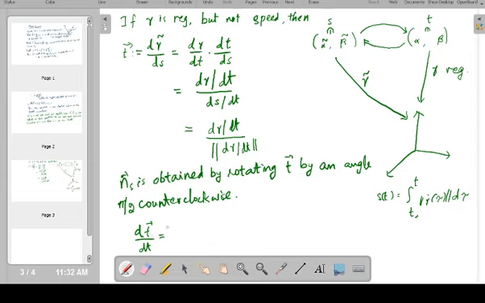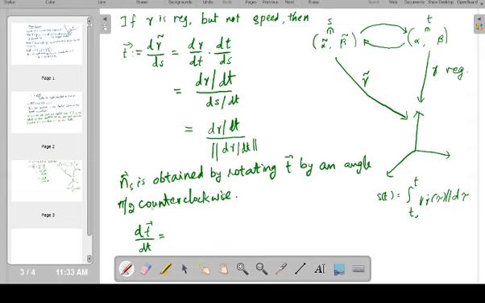A unit speed reparameterization requires computing arc length, which requires a process of integration, and sometimes I may not be able to integrate it. So I want an expression for everything in terms of the original parameter t. This is the original parameter t.